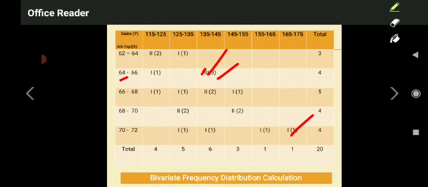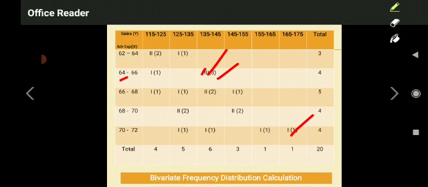Like that you have to calculate all the values. I hope you understood. You have to calculate all the values like this, and make a tally on both horizontal and vertical. When you are making a tally of these values, the sum total of these values must be equal in both horizontal and vertical calculation. Look at the picture over there.